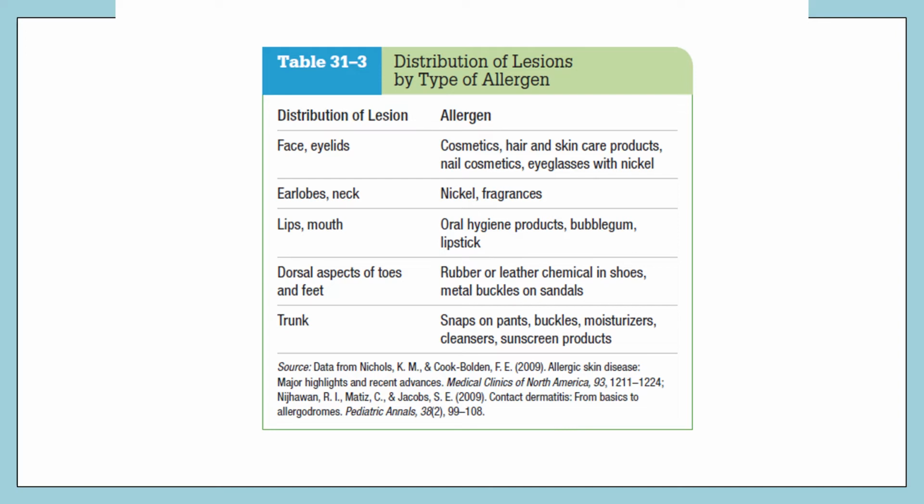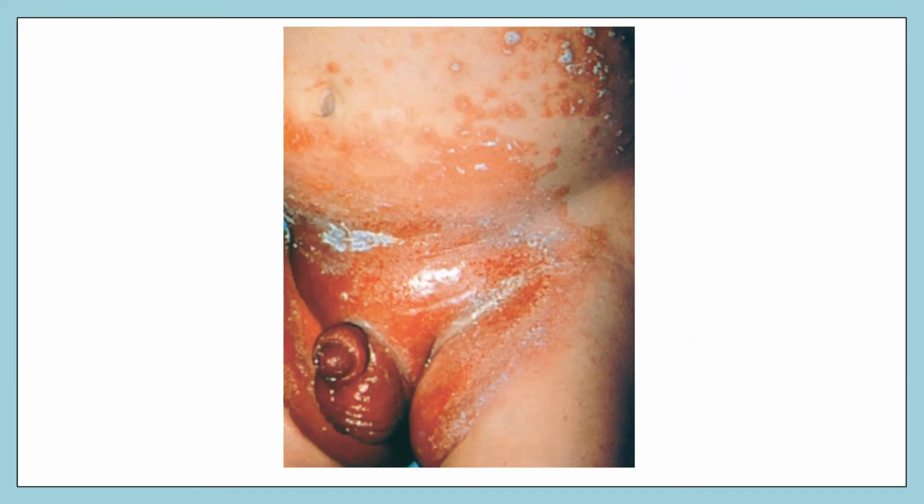It can be related to buckles and things of that nature, sunscreen. If you have something on the earlobes, then it's highly likely it might be related to an earring or something of that nature, or maybe on the neck, then it's probably related to perfume that you applied. So this is part of your interview process when you're taking a history.